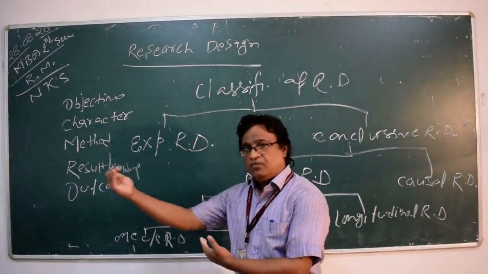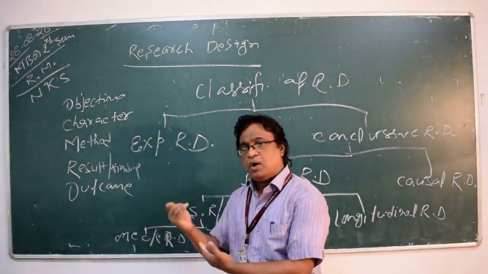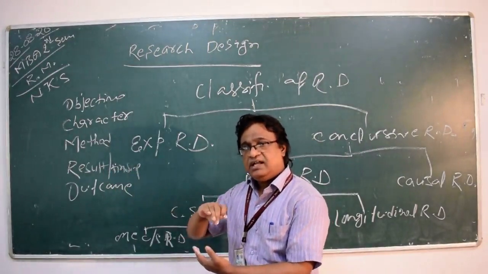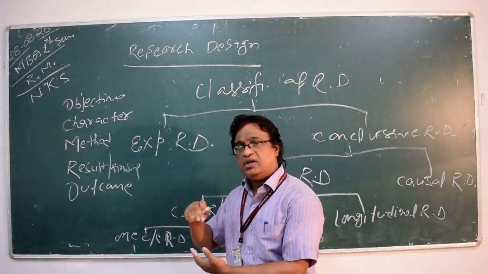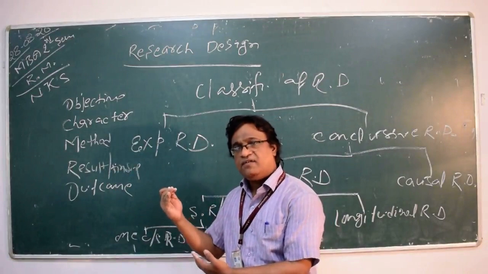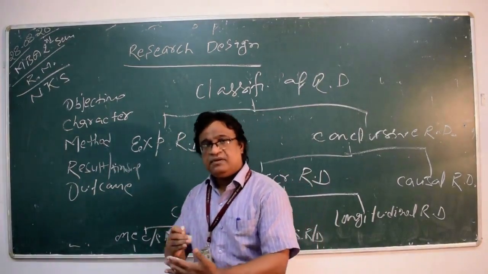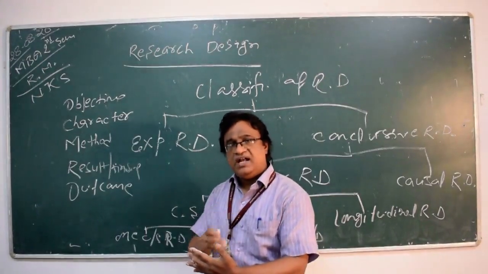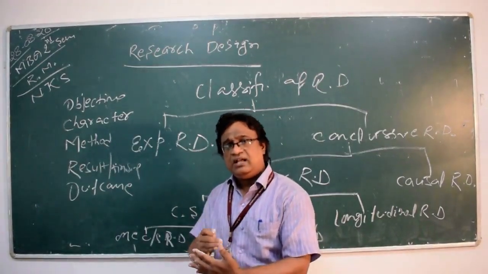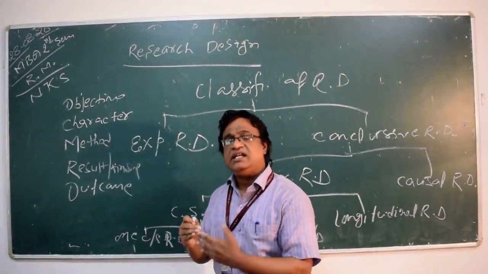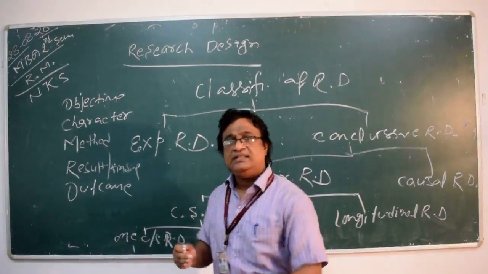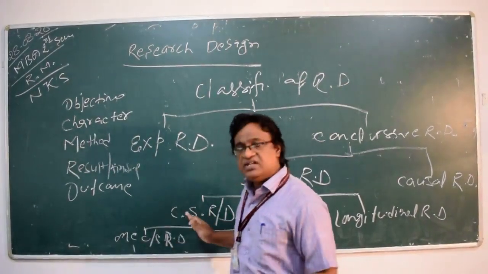We draw a sample from the population and get information from that sample through survey or observation or any other tool. If, as the researcher, we are concerned with getting information from the sample only one time, then that is cross-sectional research design.